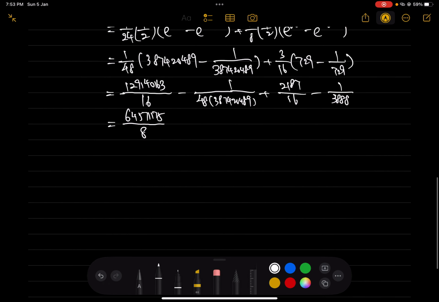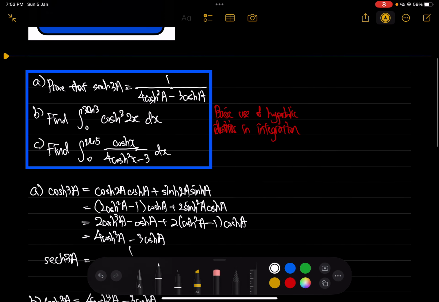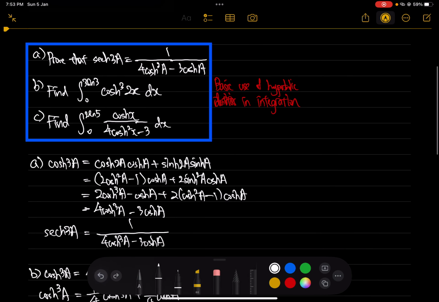Part C, well, this looks like one of the partial fractions of that, because of this term. And this term looks like this term, but without this term.